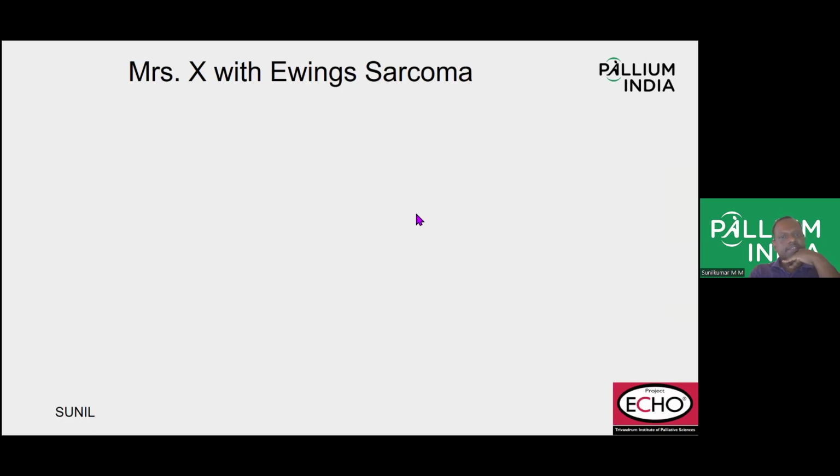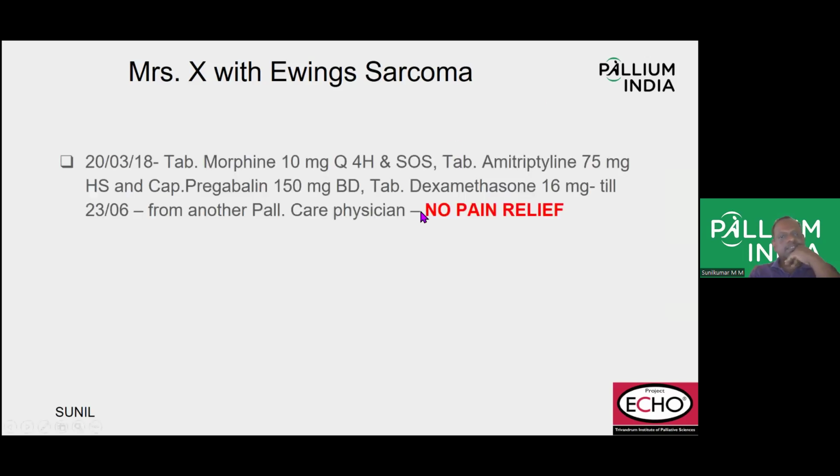And the anesthesiologist started her on morphine with 10 milligram 4-hourly along with an antithesis dose, and then amitriptyline was titrated up to 75 milligram. Pregabalin was up to 150 milligram BD, and dexamethasone also. But there is no pain relief. So what are you going to do now?